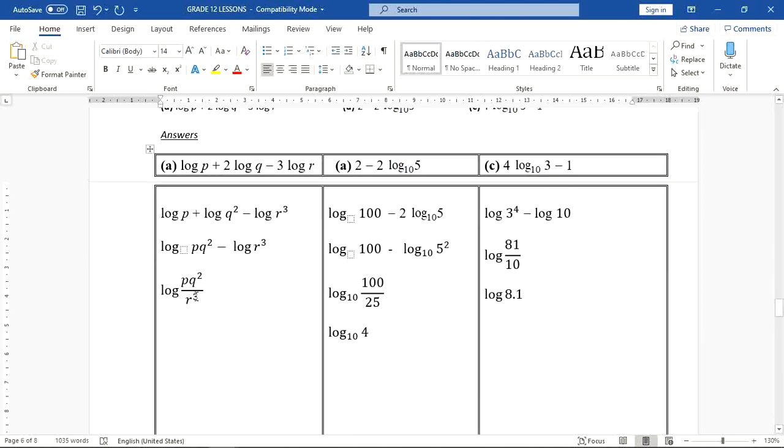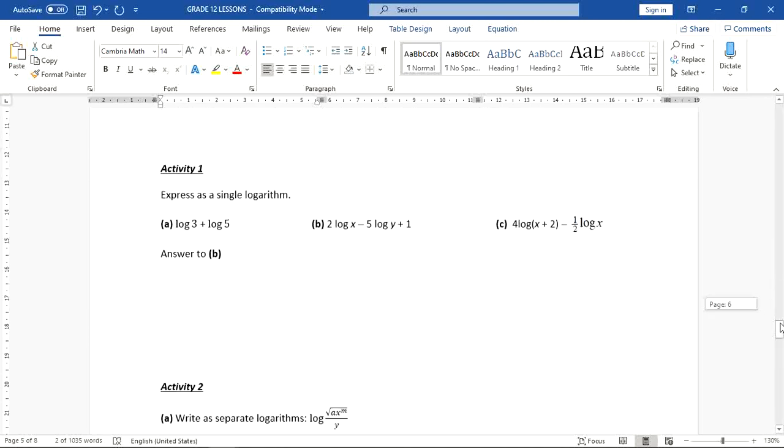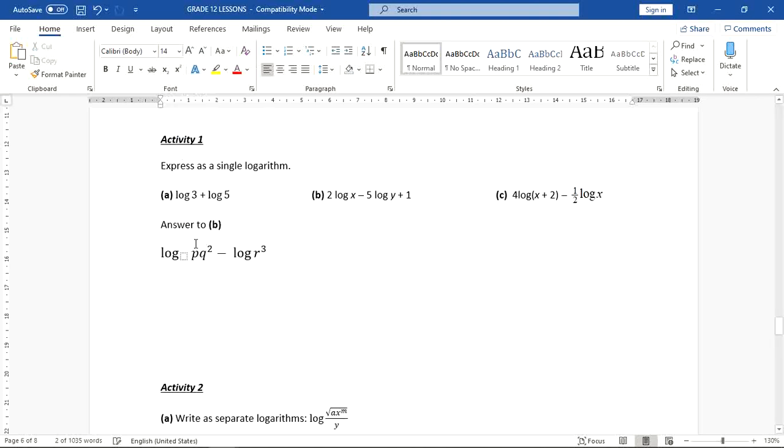If you can allow me to copy this. So this can be x with exponent 2, minus y with a 5.